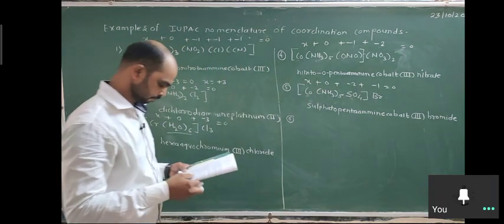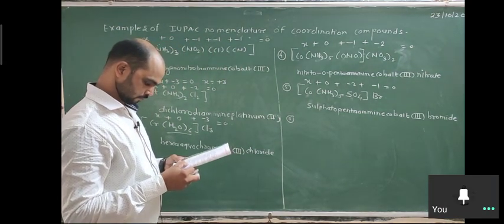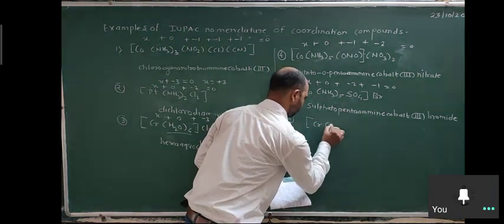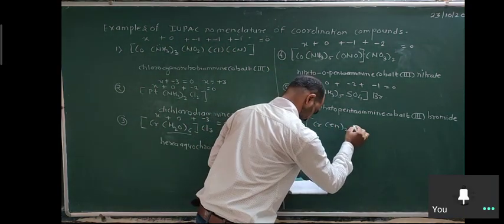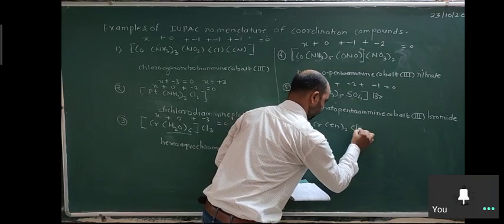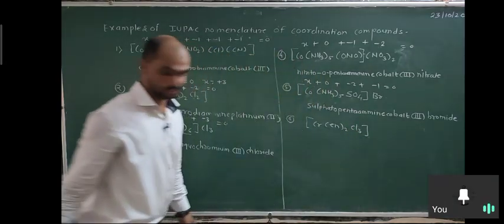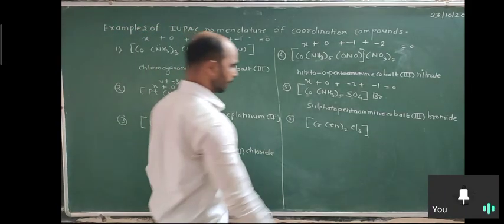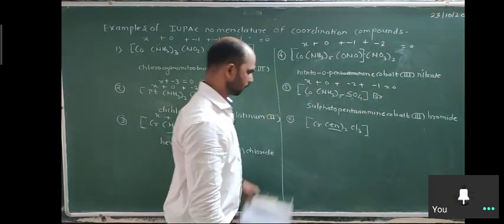6. CrEn2Cl3. Okay, CrEn2Cl3. En means ethylene diamine.